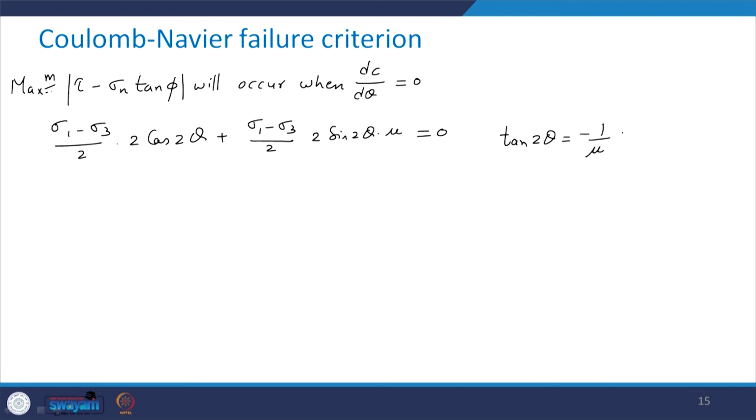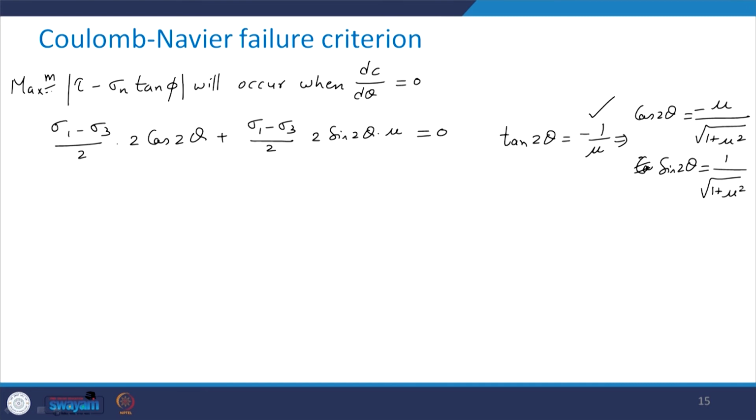From this expression, I can find that cos of 2 theta will be minus mu upon square root of 1 plus mu square. Simple trigonometry, and sine of 2 theta will be equal to 1 upon square root of 1 plus mu square.